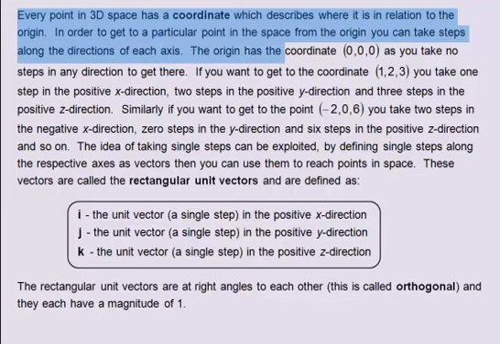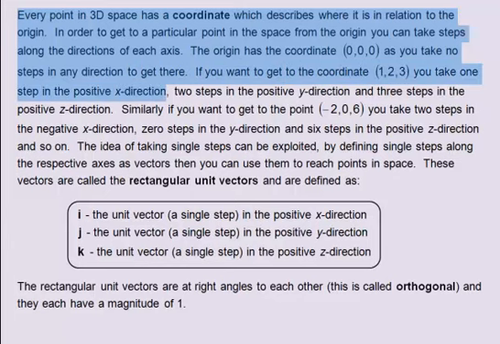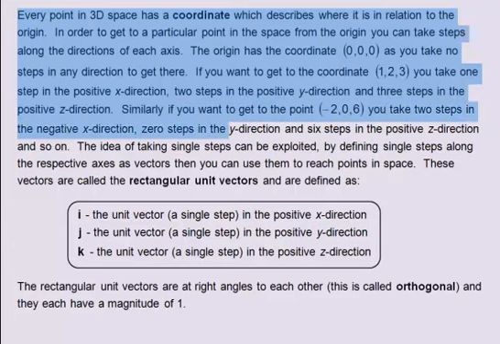The origin has the coordinate 0, 0, 0, as you take no steps in any direction to get there. If you want to get to the coordinate 1, 2, 3, you take one step in the positive x direction, 2 steps in the positive y direction, and 3 steps in the positive z direction. Similarly, if you want to get to the point -2, 0, 6, you take 2 steps in the negative x direction, 0 steps in the y direction, and 6 steps in the positive z direction, and so on.